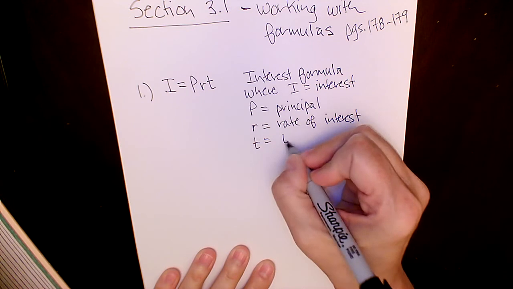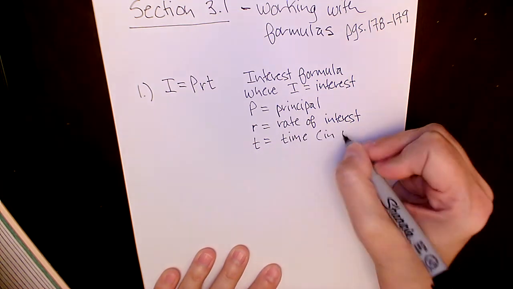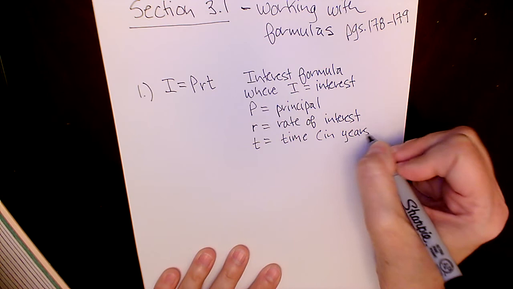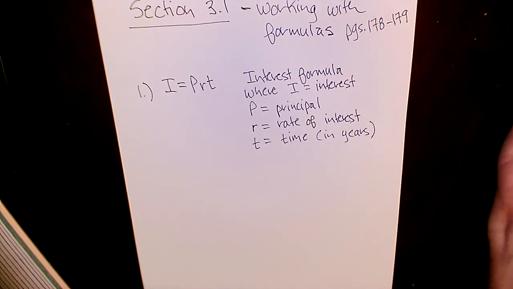And T is how long you're leaving your money in for, measured in years. So you might leave the money in for 5 years, 8 years, 10 years. The longer you leave it in, the more interest you're going to get.